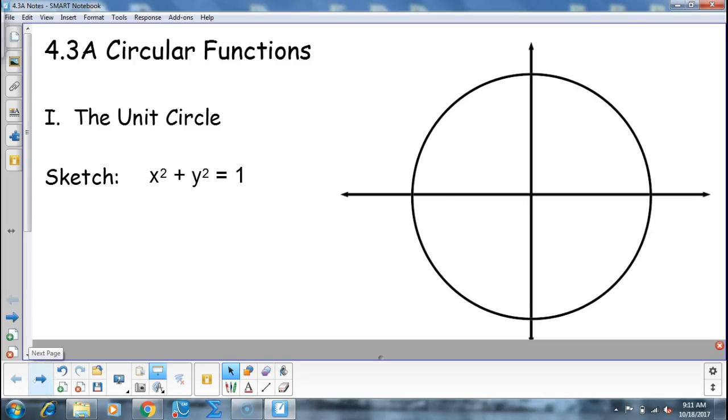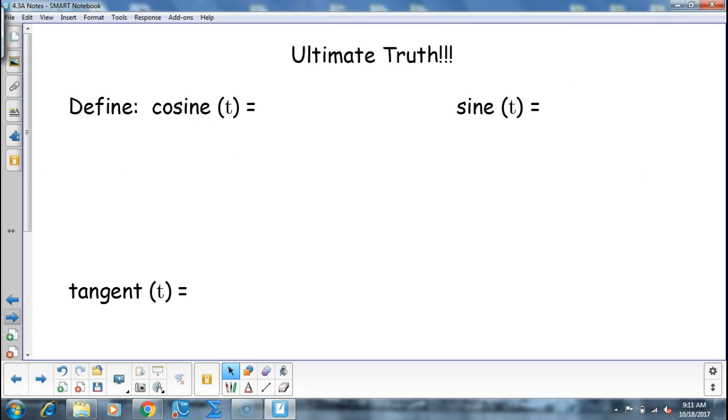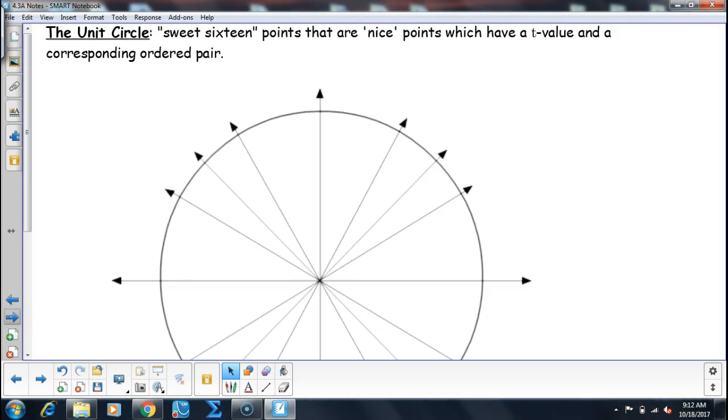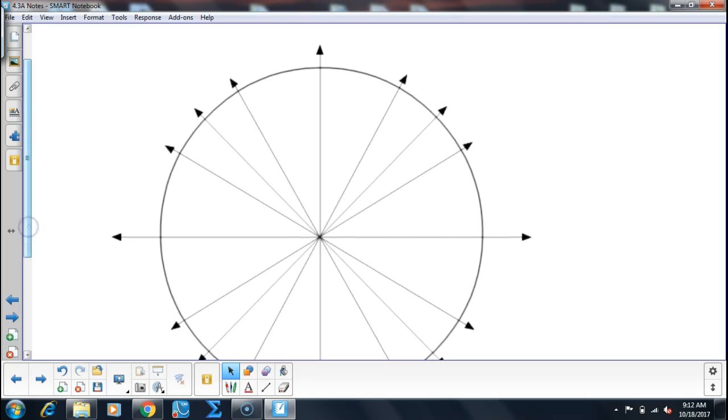Alright, so yesterday we started developing the unit circle, yes? Okay, and we worked on it a little bit and developed 4 points on the unit circle.